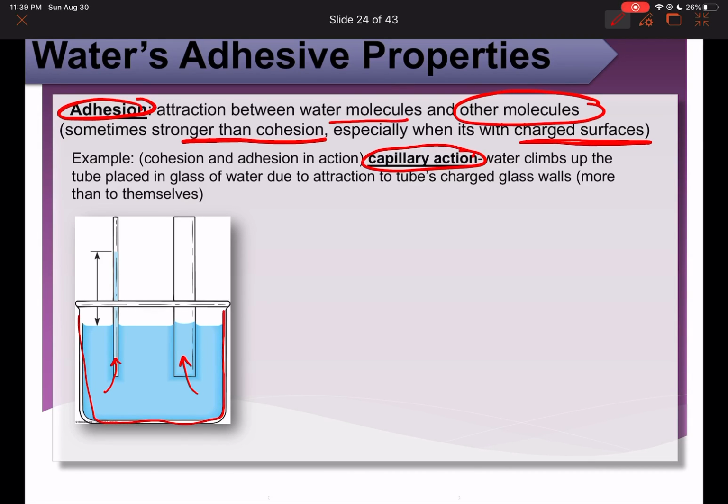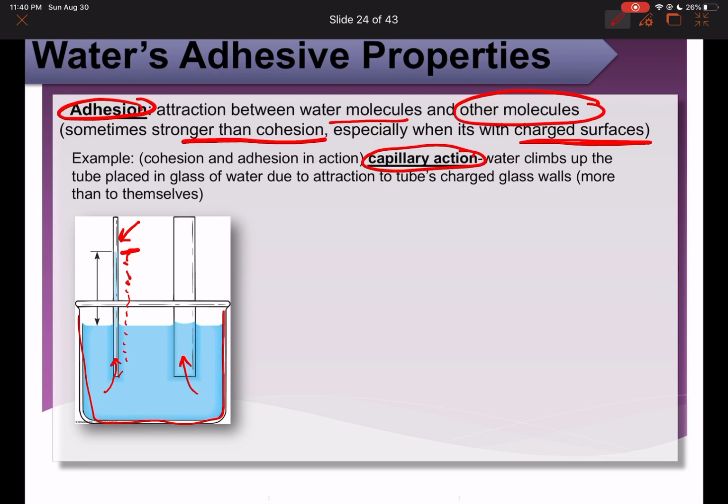If you place a small glass tube into the water like this, you will see that some of the water will climb upwards within the tube itself and then stop at a certain point. So this is a good demonstration of why adhesion can be stronger than cohesion forces.